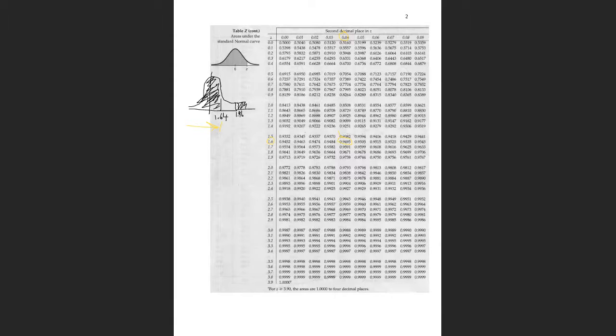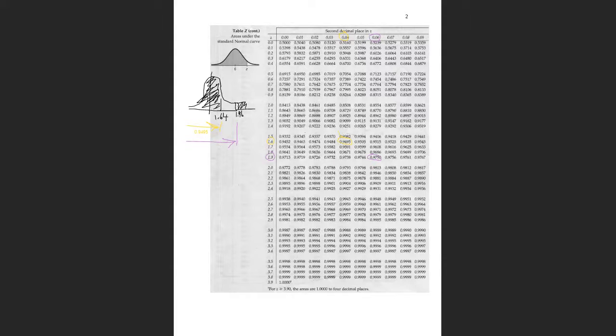Then we said when z is 1.96, go down to 1.9, second decimal is 6. That area is this, 0.9750.